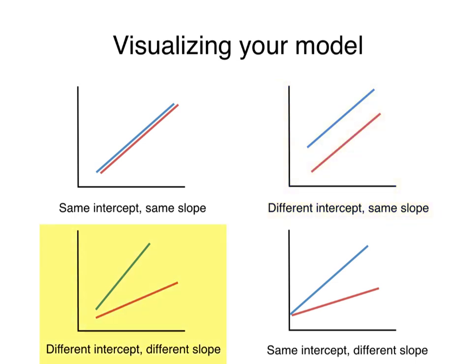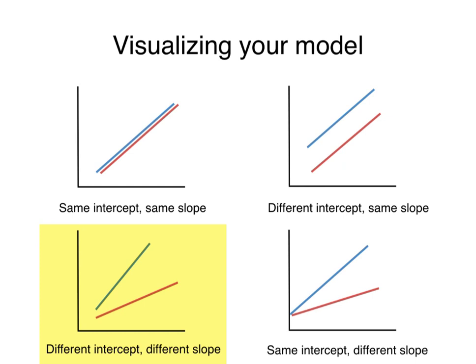On the bottom left is a model where the 2 lines have different slopes and different intercepts. This model implies that there is an effect modification, or that the variables gestational age and smoking interact. The rate at which head circumference increases with gestational age is different for smokers and non-smokers. The effect of gestational age is modified by smoking.